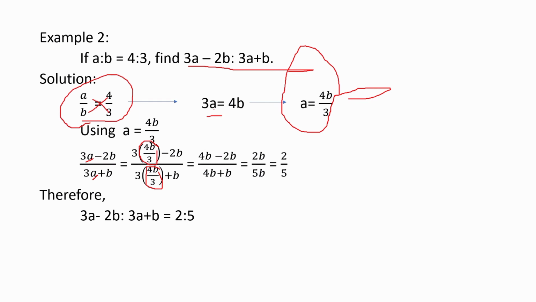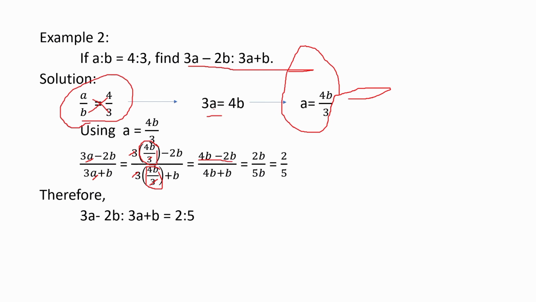Now, what we're going to do next is to simplify. If we're going to multiply, you can cancel 3 here and the 3 here, because we can apply cancellation method when the operation involved is multiplication. And we can also cancel 3 here and 3 here. So what will remain here is 4b minus 2b.